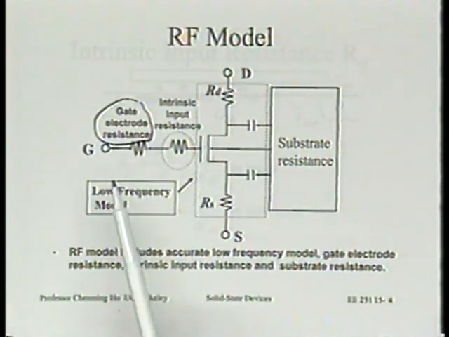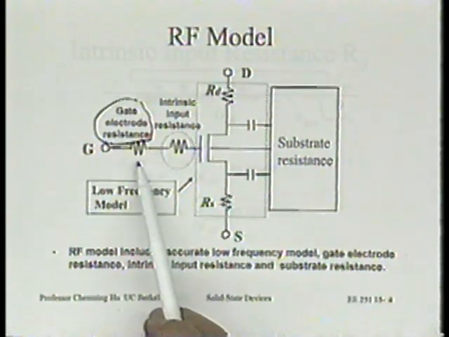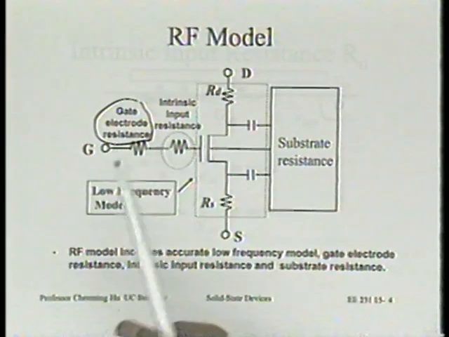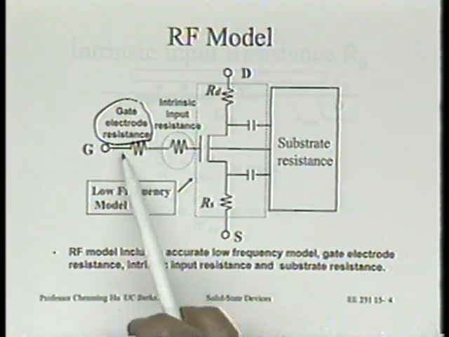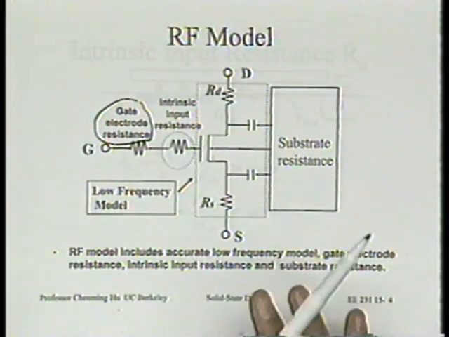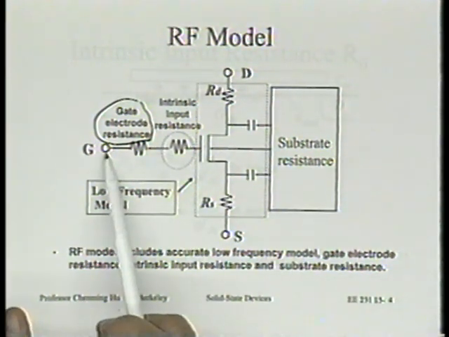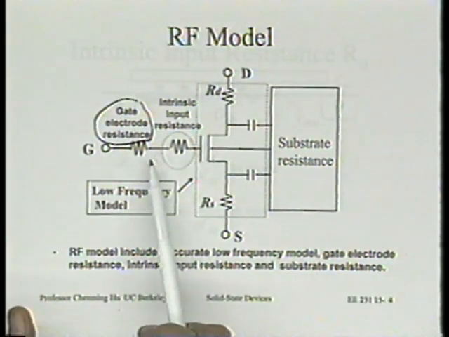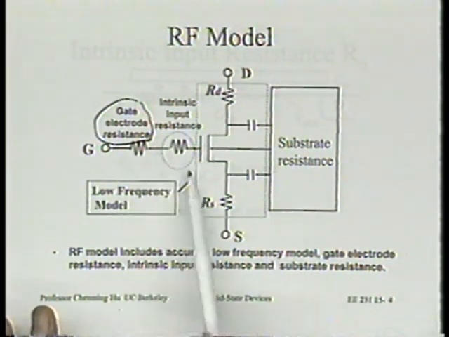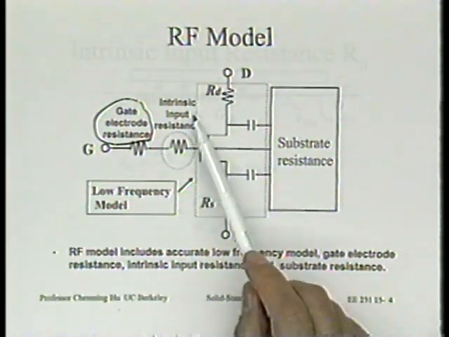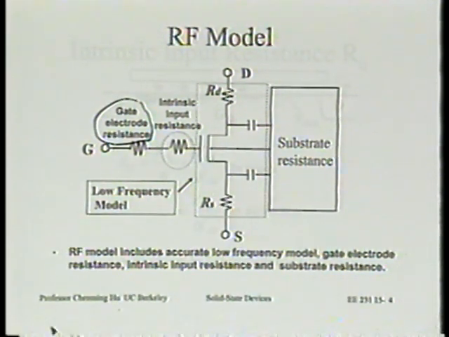It's not so easy to see that this actually is not the main resistance in the gate impedance. This sometimes, in our experience, is only 10% of the gate impedance. The gate impedance is really something else. It's intrinsic. Even if you had a perfect conductor as the gate, a metal, something more conductive than metal, you would still have a large resistance in the gate in the behavior, and that's called intrinsic input resistance. And I'll explain what this is in the next slide.